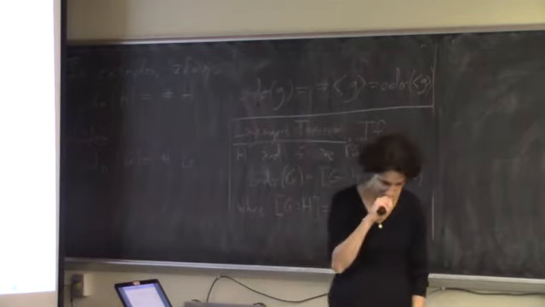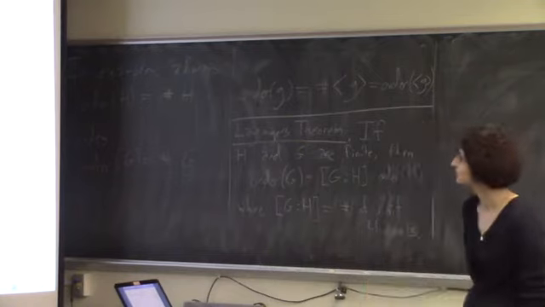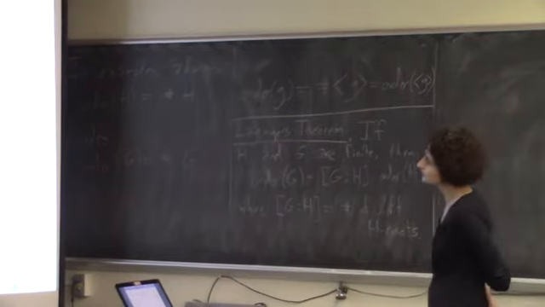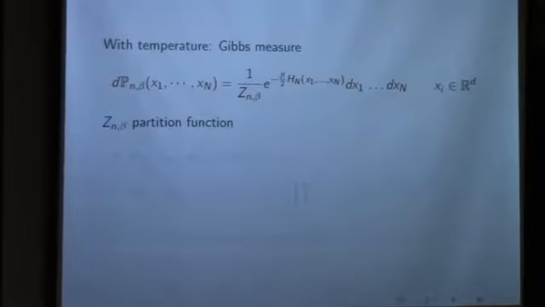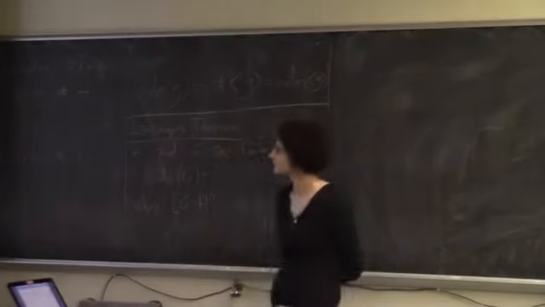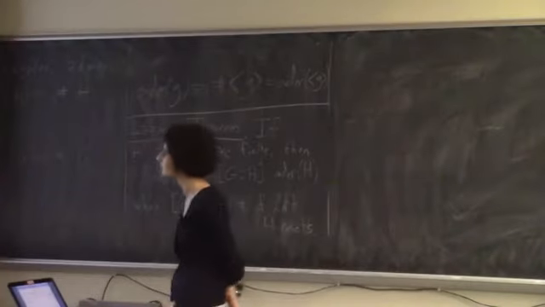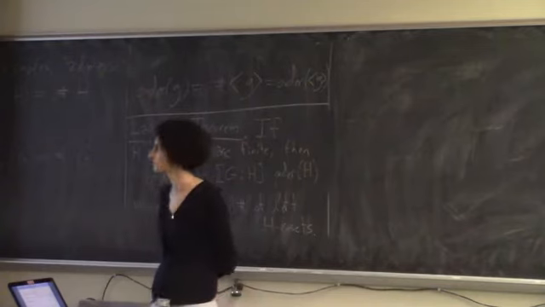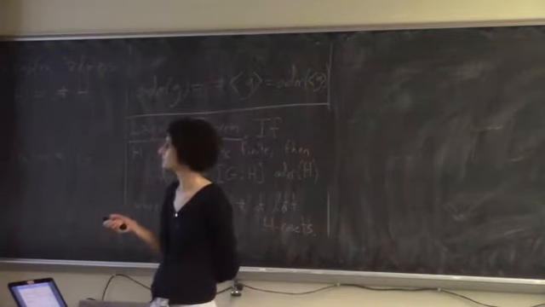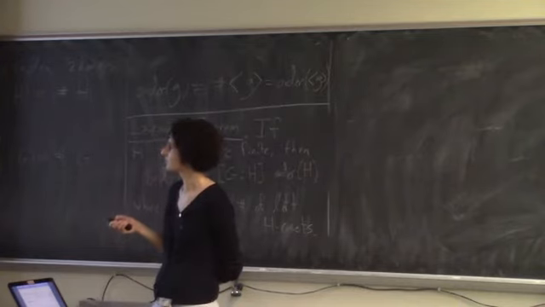Okay, third motivation comes from statistical mechanics. And there you want to look at the same energies, but put them in a Boltzmann factor. So you want to look at the situation with temperature, right? So beta is then an inverse temperature, and you form the Gibbs measure, which is exponential of minus beta times the energy.